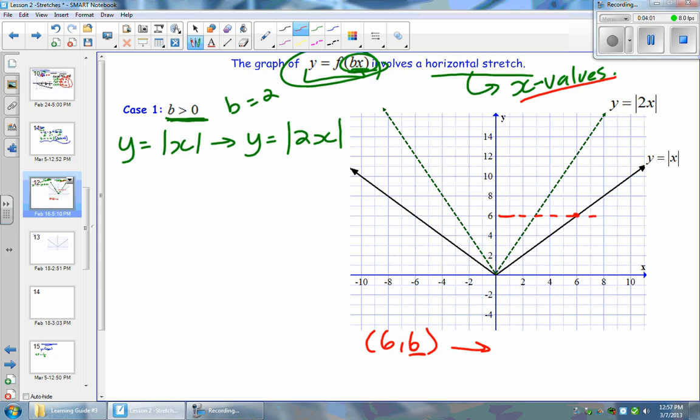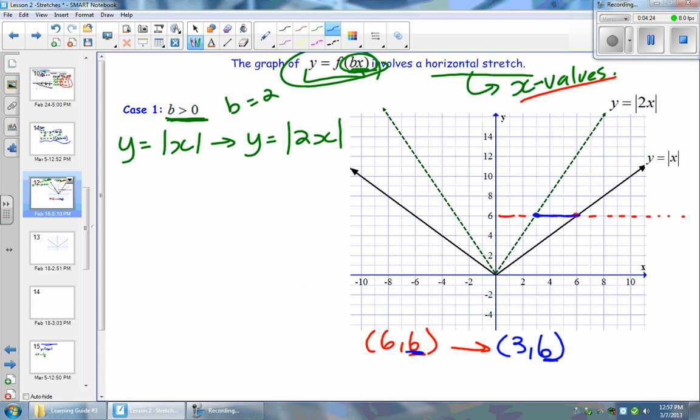So I'll draw a horizontal line so we know it's constant. And if I trace along that line, where do I end up on the transformed graph? Well, let's go ahead and trace. Along the line, I'm transformed to that point right there. Now, what is that point? Well, it's going to be 3, 6. Remember, our y values stayed the same, which is good.